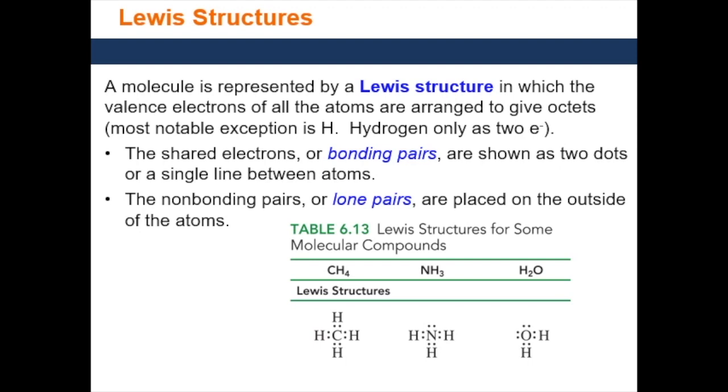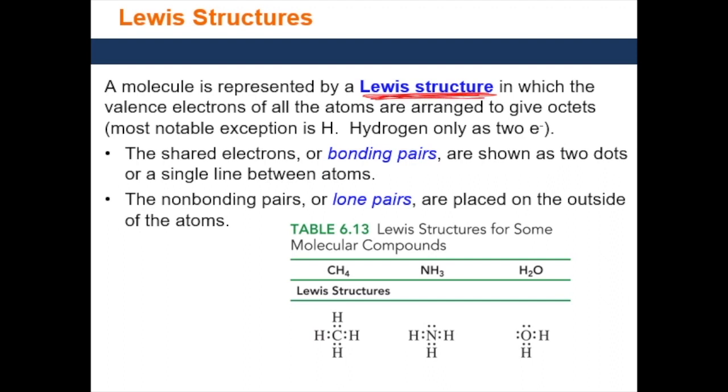We can also draw the Lewis structure for a molecule. In the previous examples, we drew the Lewis structure of just the atoms. Now if we are drawing a molecule, we can draw the Lewis structure for the valence electrons of a molecule as well.